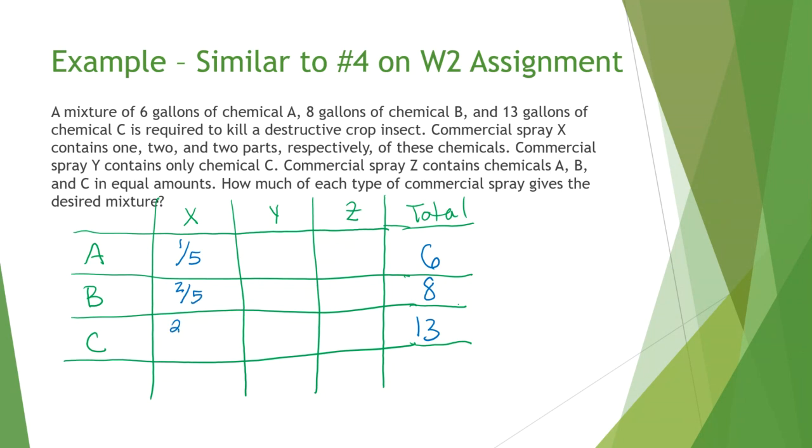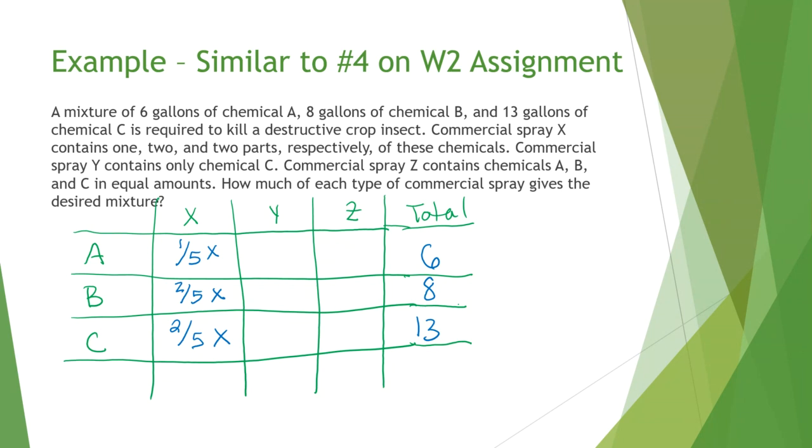And then 2 parts of C, so that is 2/5 again. And so we do the part times the amount of chemical. We don't know how much, so each of these are going to be multiplied by X. Basically the part times the variable.